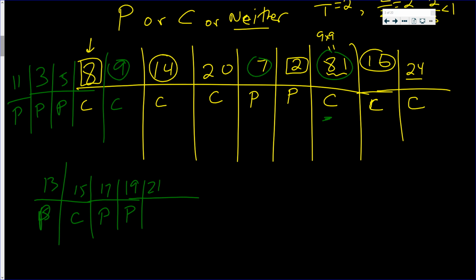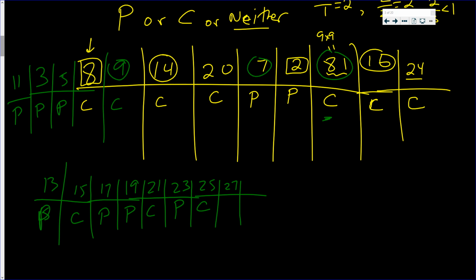21 is 7 times 3. That is, 3 goes into 21 and 7 goes into 21. That makes it composite. 23 is prime. 25 is composite. 5 goes into it. 27, 3 and 9 go into it.